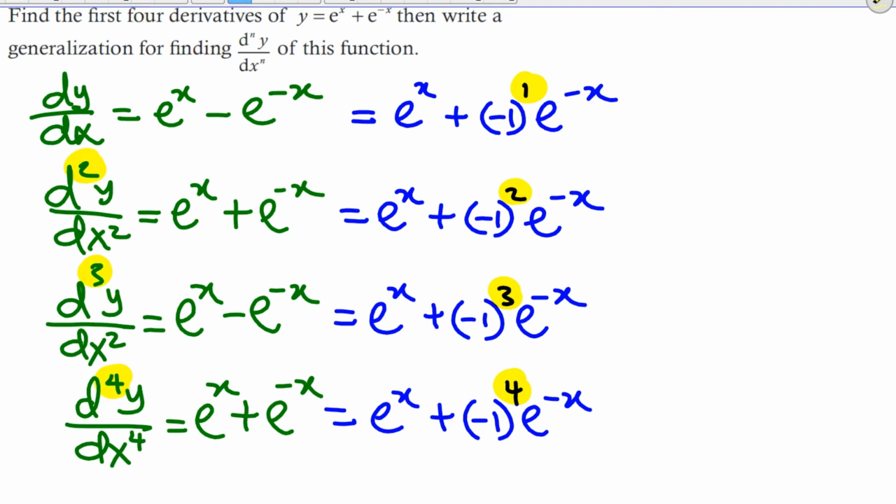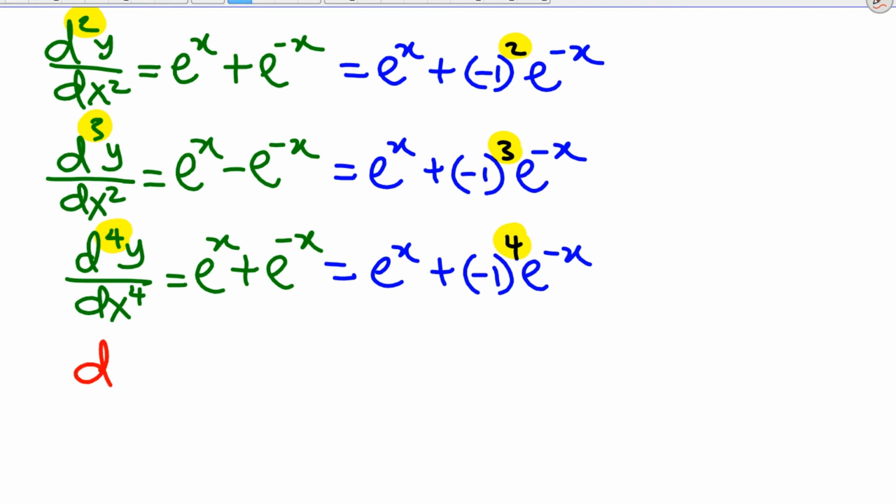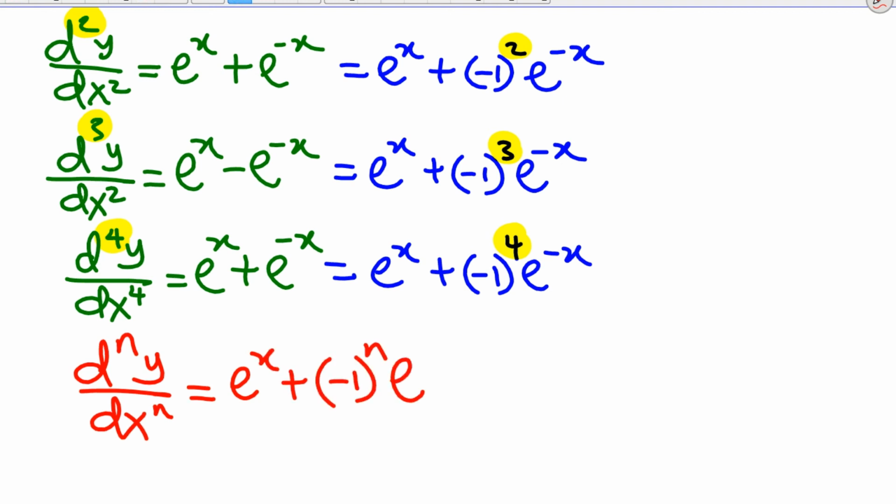Which means that the nth derivative of this function will be e to the power x plus -1 to the power n e to the power negative x.